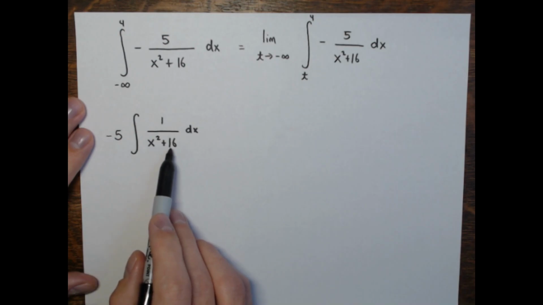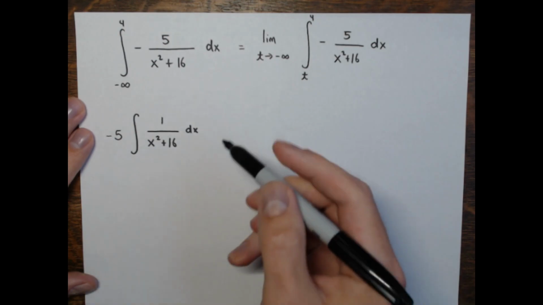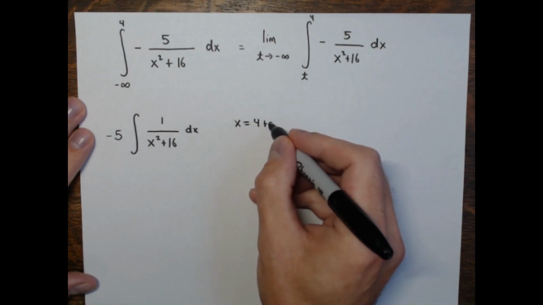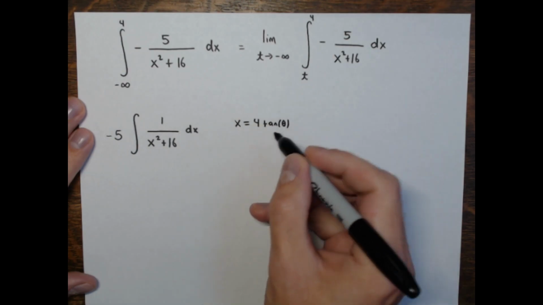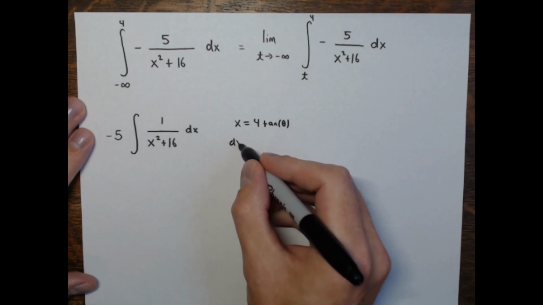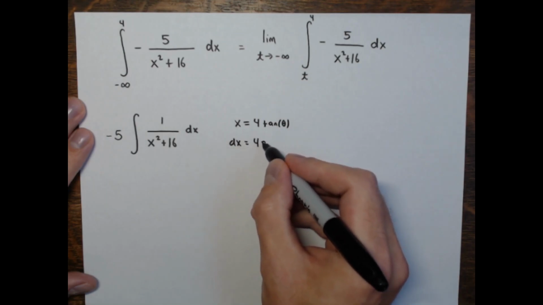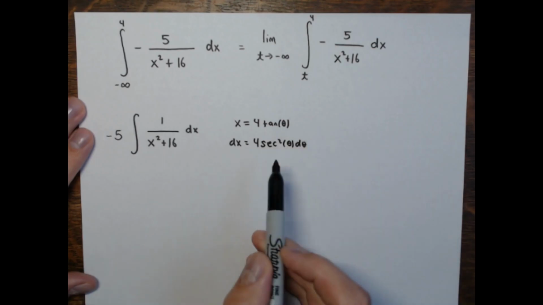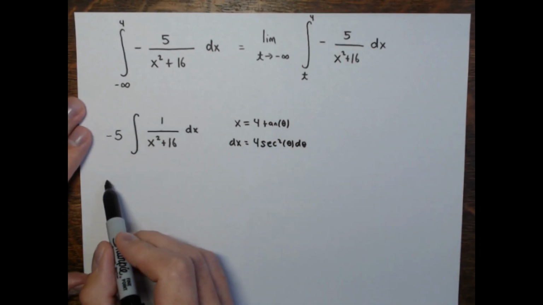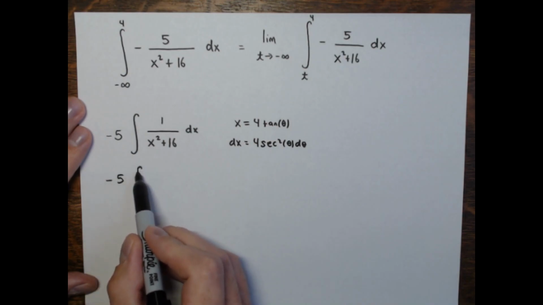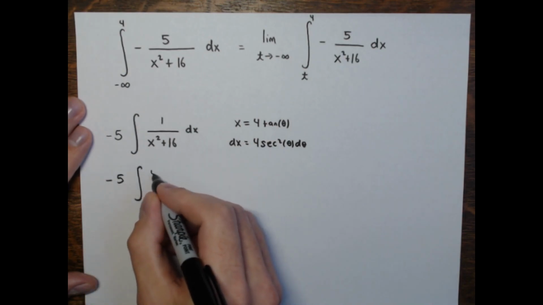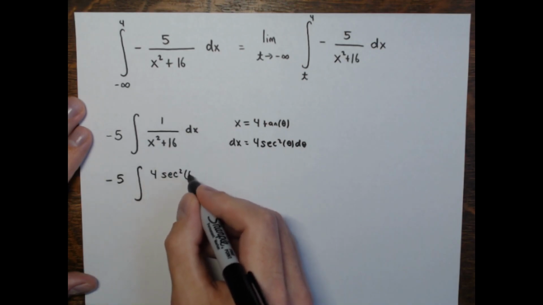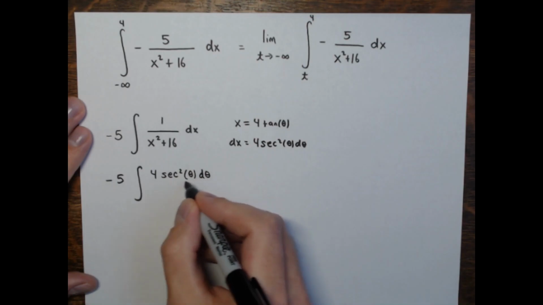This is x squared plus 4 squared, a sum of squares down here. If I let x be replaced then by 4 tangent theta, then dx would be 4 secant squared theta d theta. And if I make these replacements, we'd have -5 times the integral of 4 secant squared theta d theta up top.